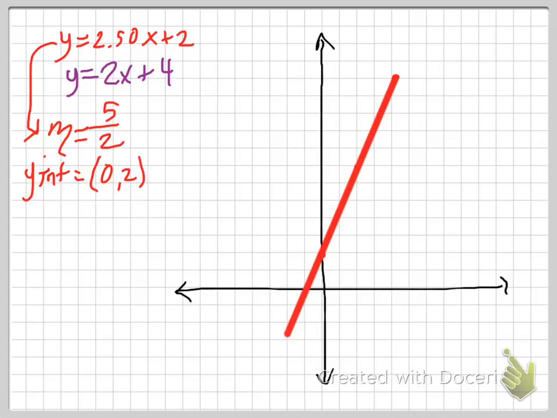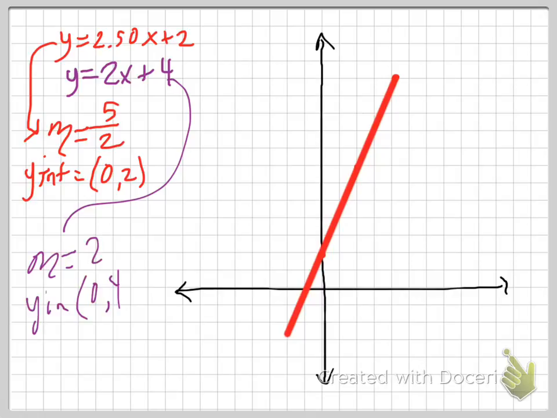So now if I graph Levi's, you can see that the slope is 2, the y-intercept is (0, 4), so 1, 2, 3, 4, up 2 over 1, up 2 over 1, up 2 over 1.